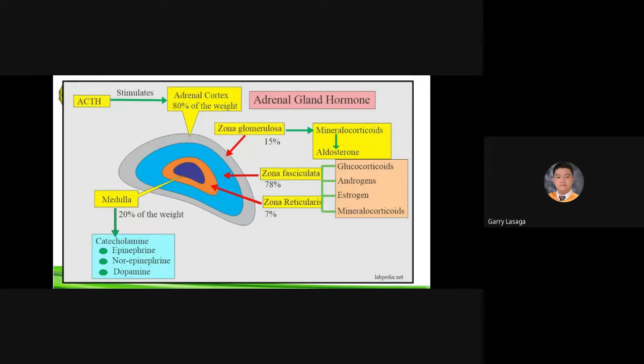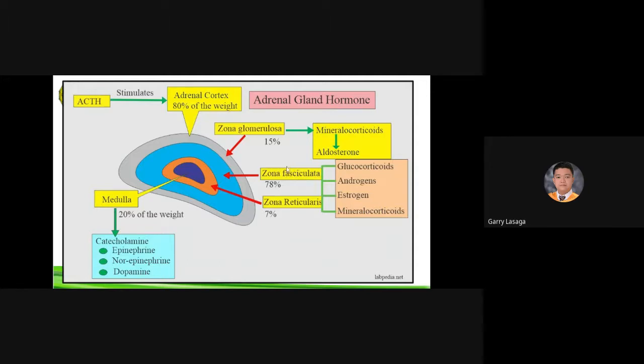And this CRH will act on the AP, anterior pituitary, to produce the ACTH, or the corticotropin. And the ACTH now will act on the adrenal cortex to stimulate the production of these hormones, the mineralocorticoids, the glucocorticoids, and the androgenic steroids.